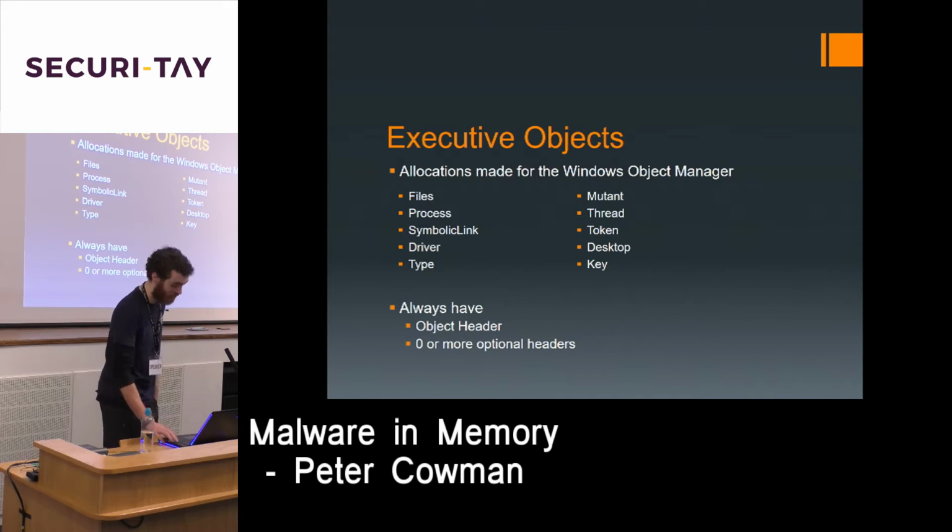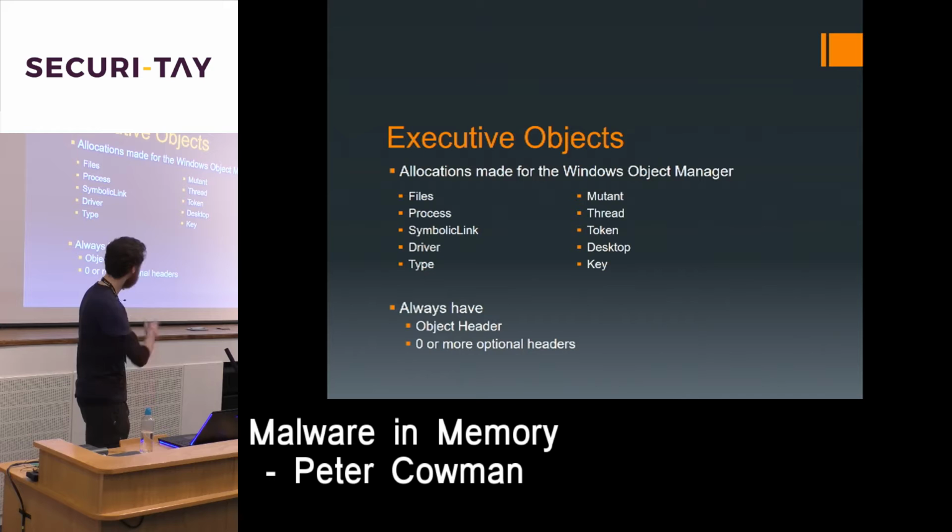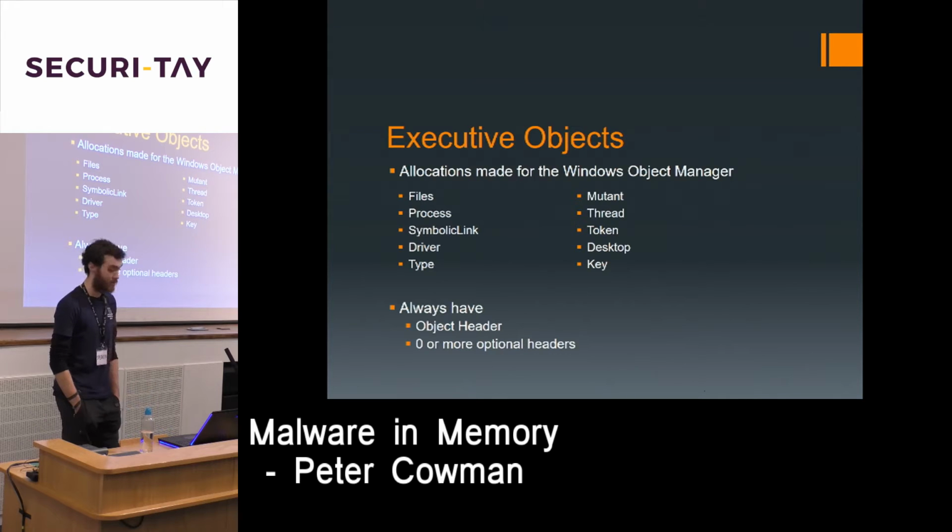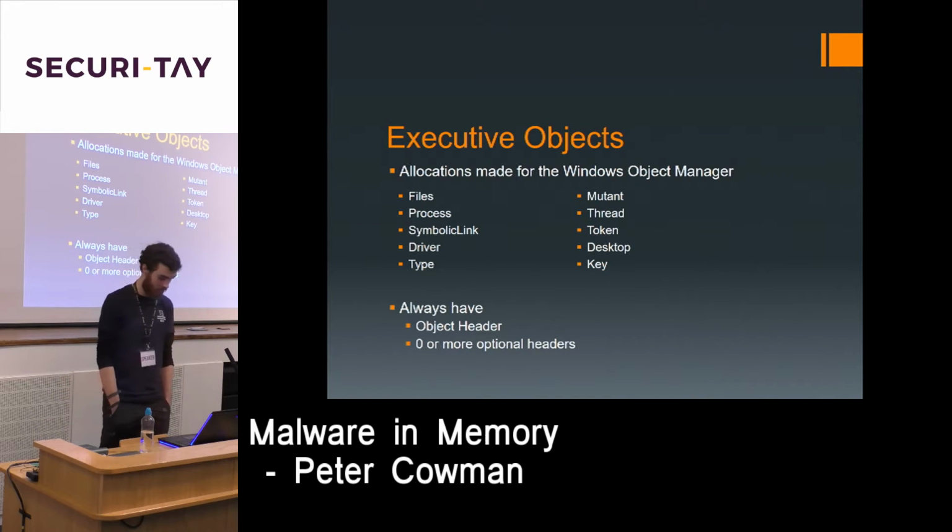I've listed a few types that you might find there which are useful. They're fairly self-explanatory. Token is your SID or security ID token. Key is registry keys that are open in memory. Mutants are mutual exclusions or mutexes. I think the other ones are fairly self-explanatory.